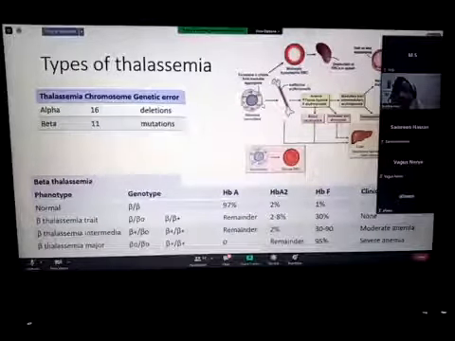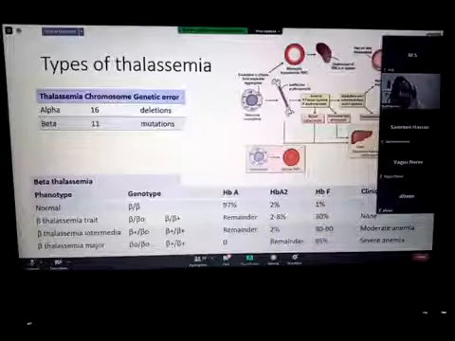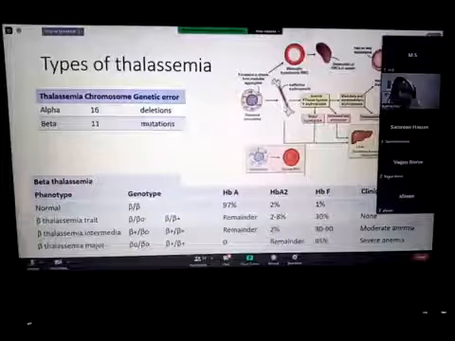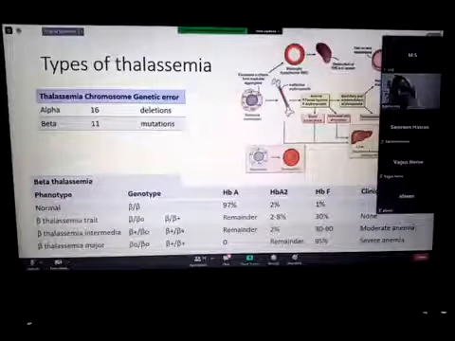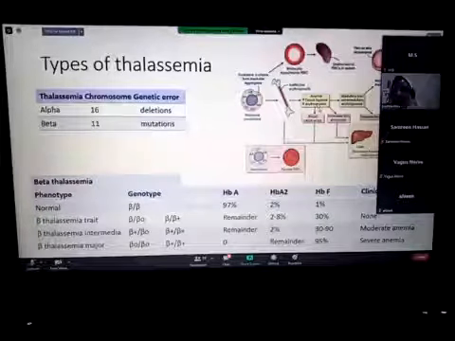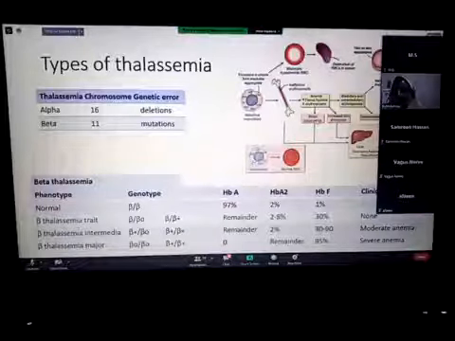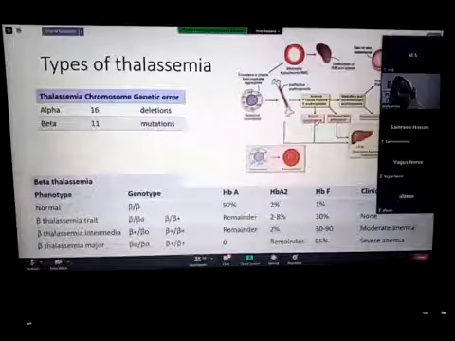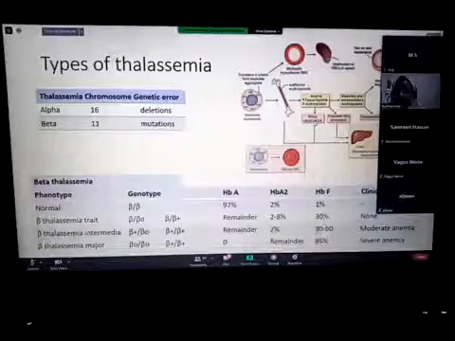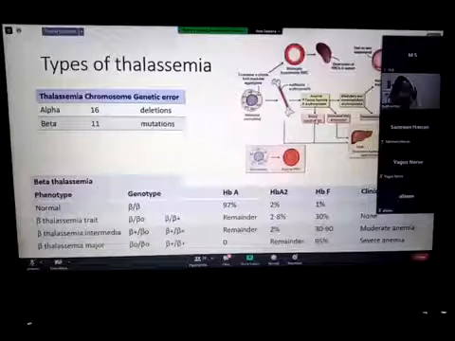Then some of them will be destroyed in the bone marrow itself, and the net result is the patient is anemic. There's tissue hypoxia. Obviously, erythropoietin secretion is increased. The patient tends to end up on blood transfusion. That itself has a problem because the patient becomes iron overloaded.